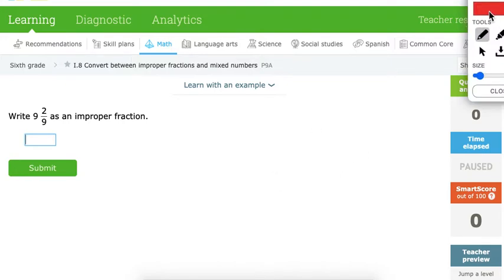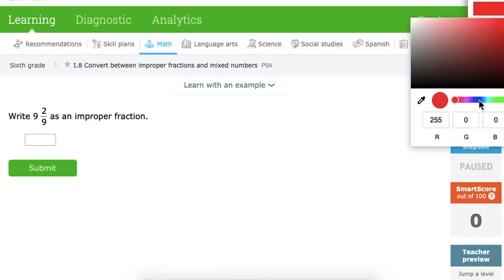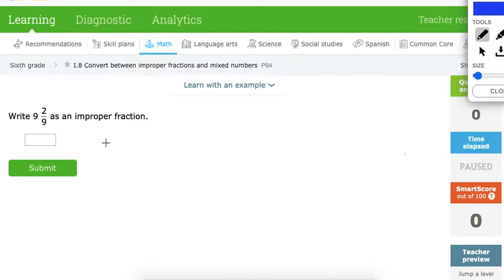So again, we can take that and write it down here, so we have 9 2/9.